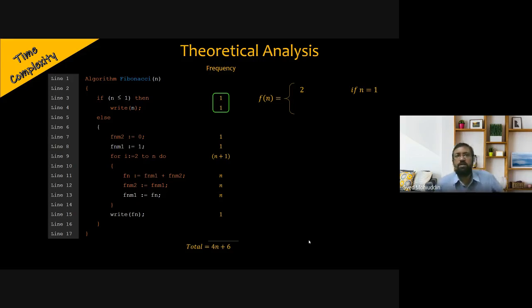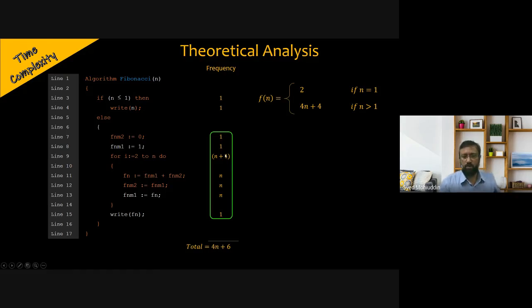Here we are representing this function as f of n equals 2 if n is less than or equal to 1, and the else part will work if n is greater than 1. If we compute this, we have 4n plus 4 if n is greater than 1.